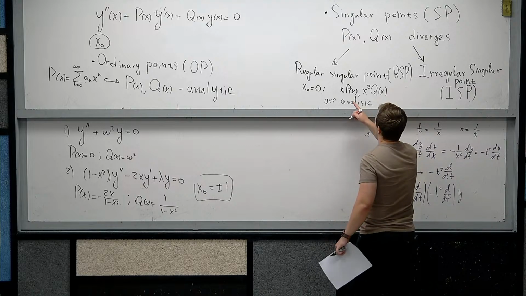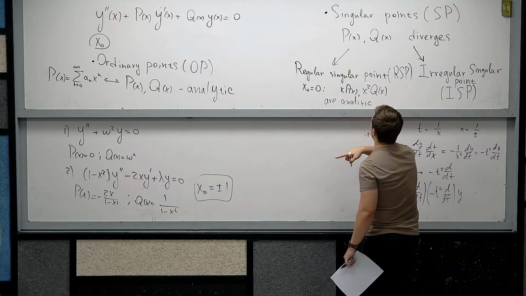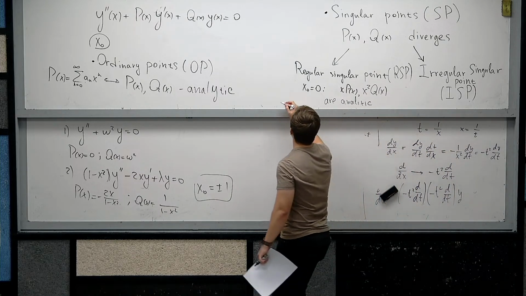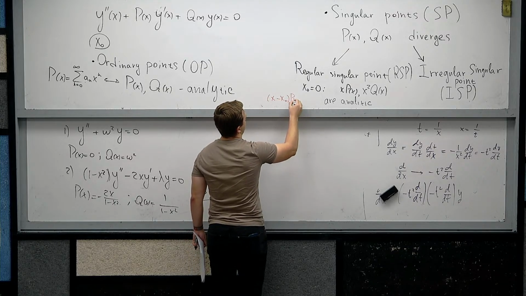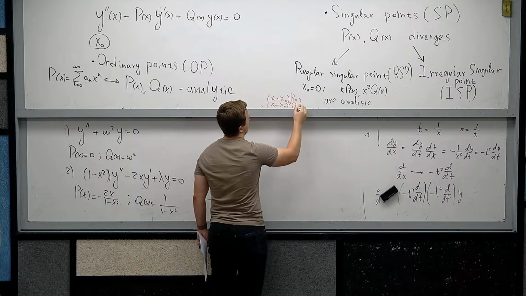So in a general way, how can we understand whether it is a regular singular point or not? We multiply: x minus x naught times p of x, and x minus x naught squared times q of x.